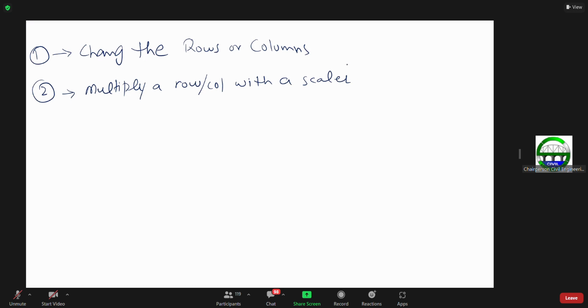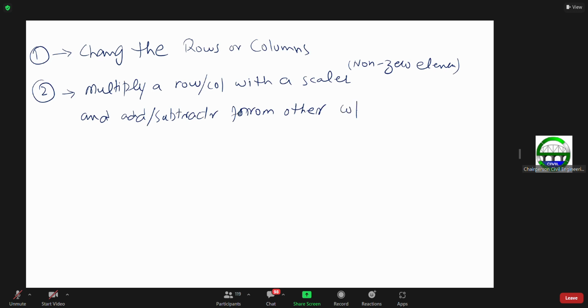Scalar means non-zero element, and add or subtract from other rows or columns.